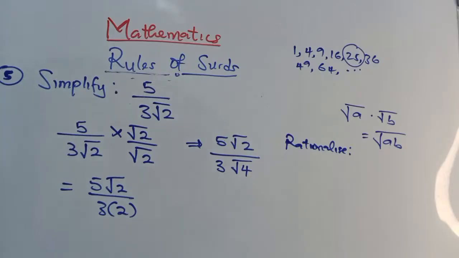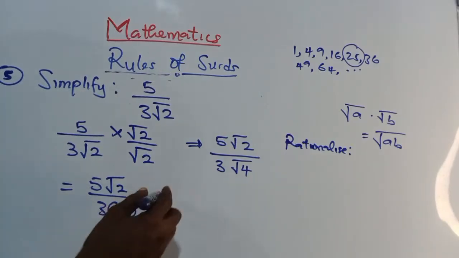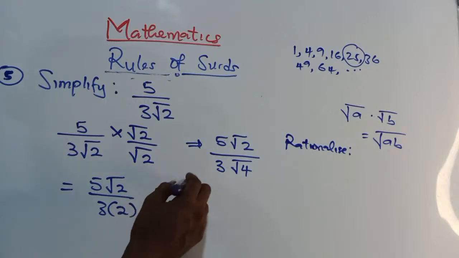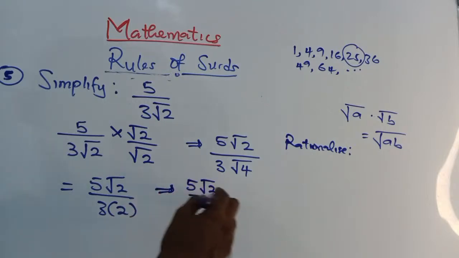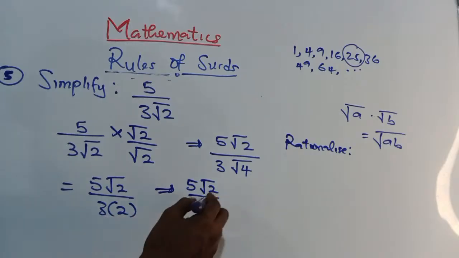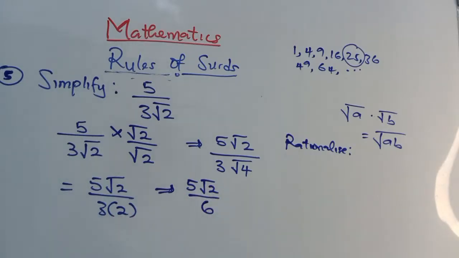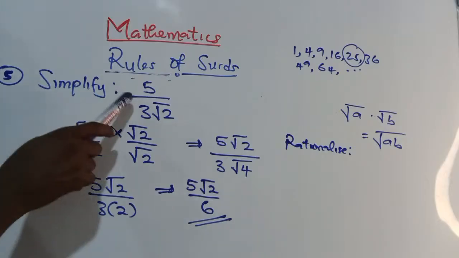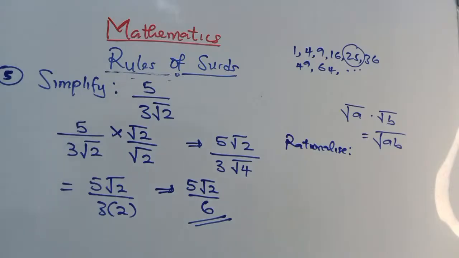And from there we have 5 root 2 over 3 times 2, which is 6. And this is our final answer. It's 5 root 2 over 6. So when we simplify 5 over 3 root 2, we have 5 root 2 over 6.